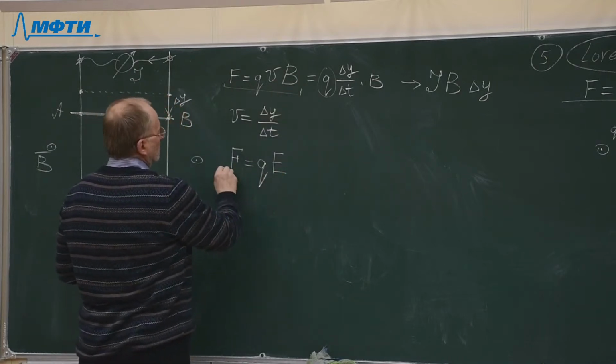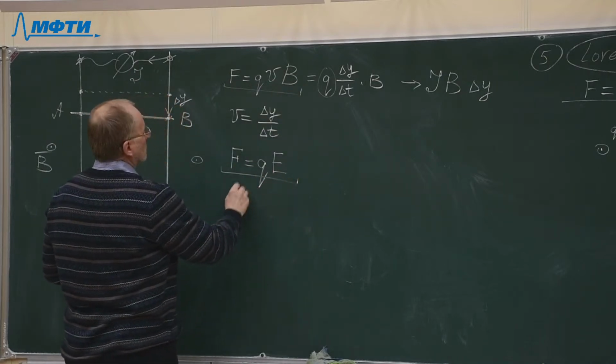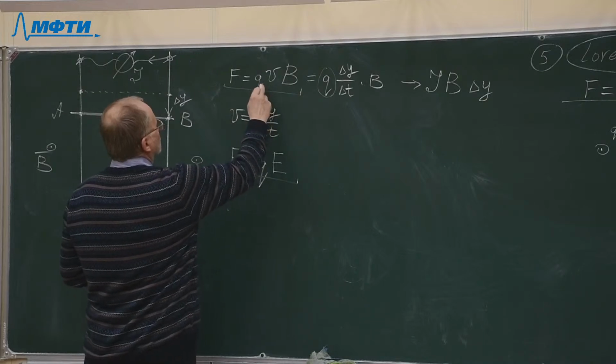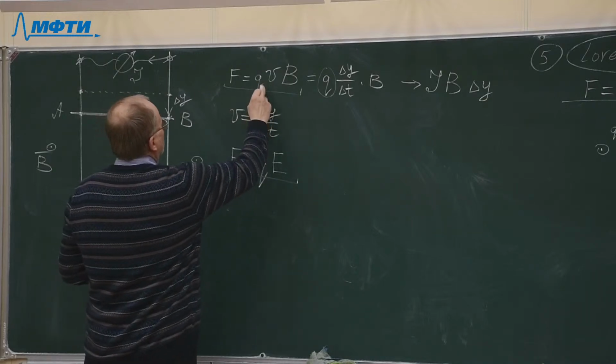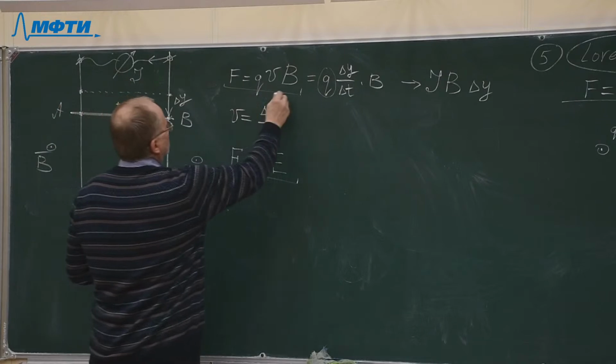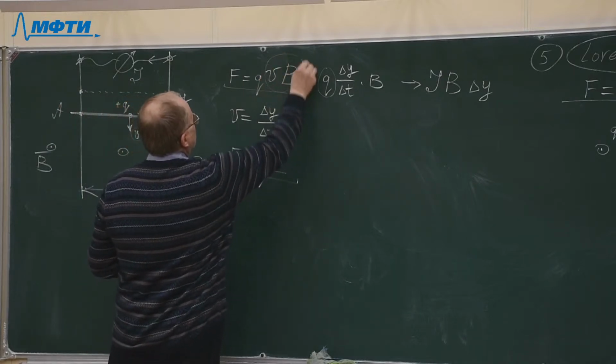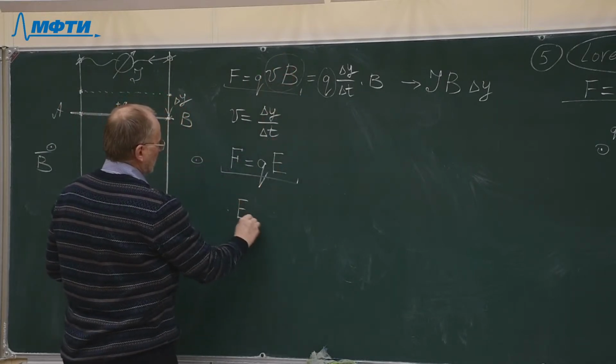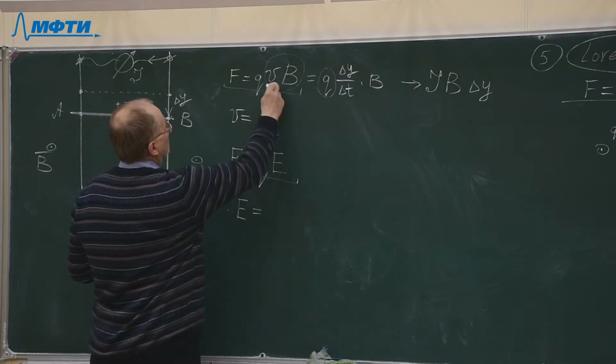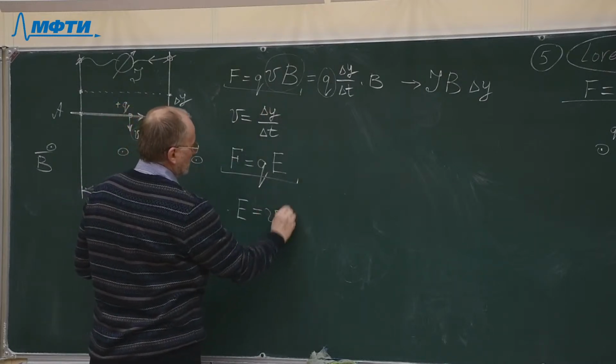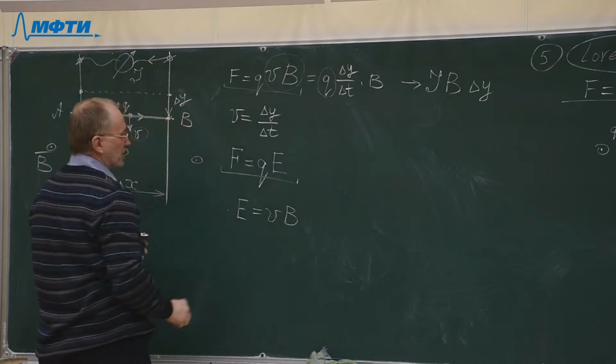Comparing these two formulas, we come to the conclusion that from the point of view of this charge, it looks like the charge is in some effective electric field, which is defined by this formula, the velocity of the charge times the magnetic field.